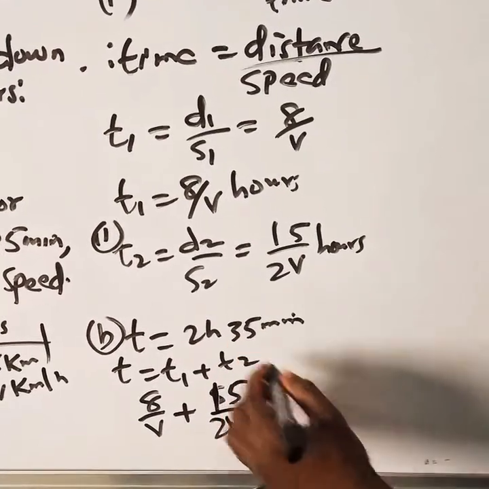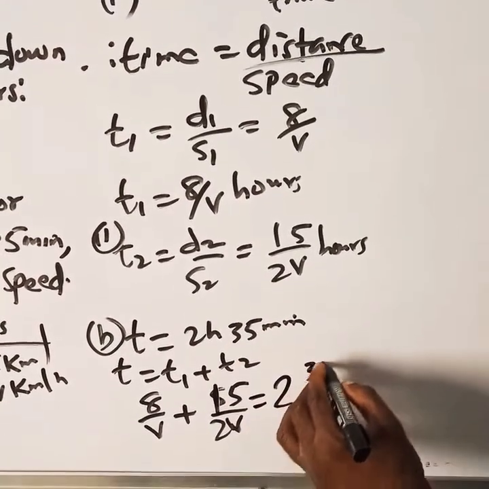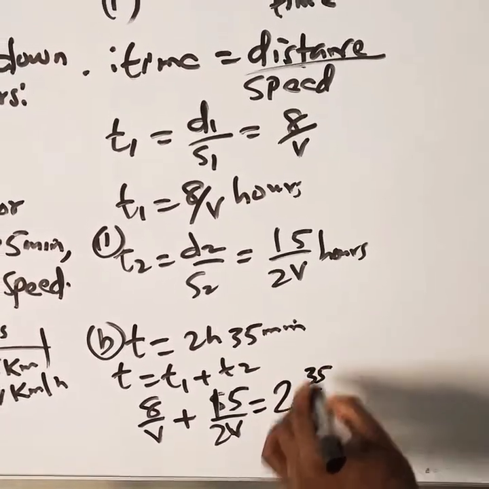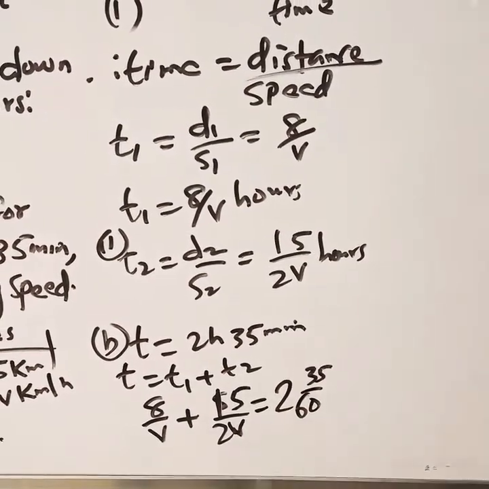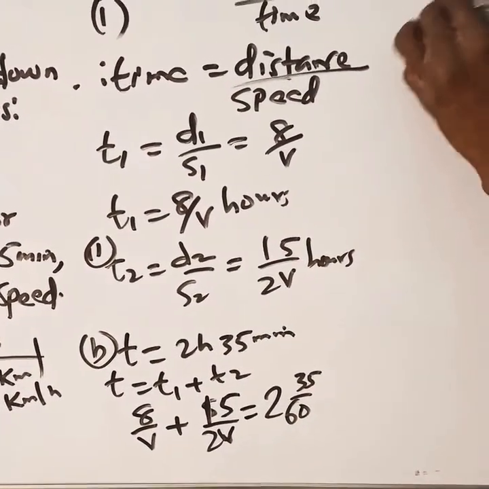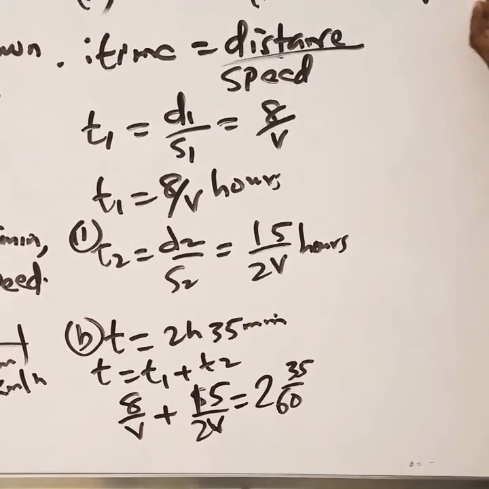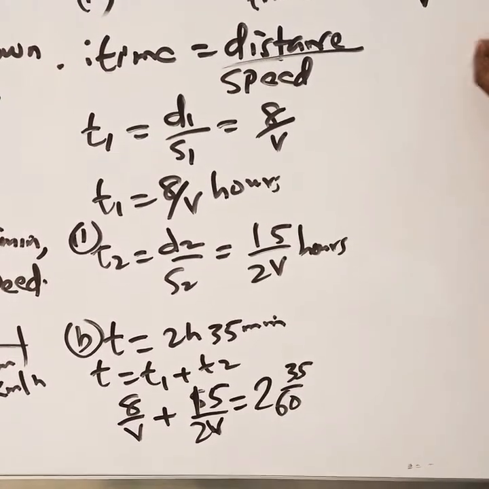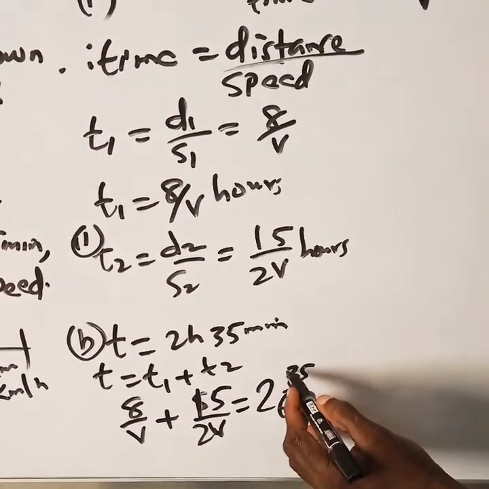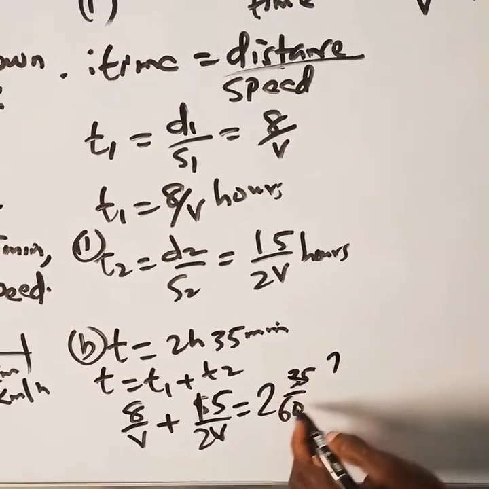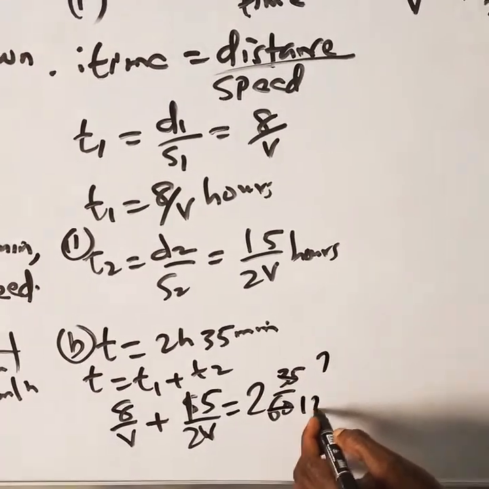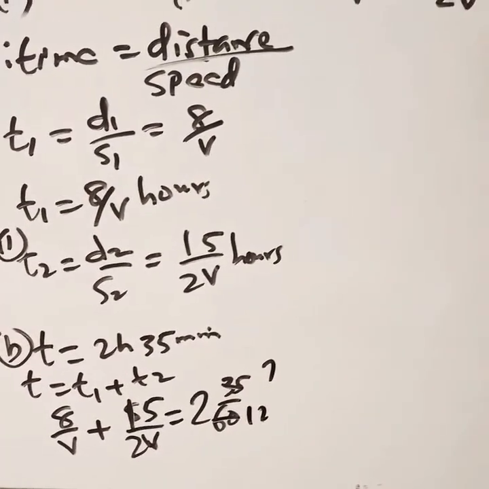This equals 2 hours 35 minutes; we change it to hours because the others are in hours. 35 over 60 is 7 over 12. So that is 2 whole number 7 over 12.